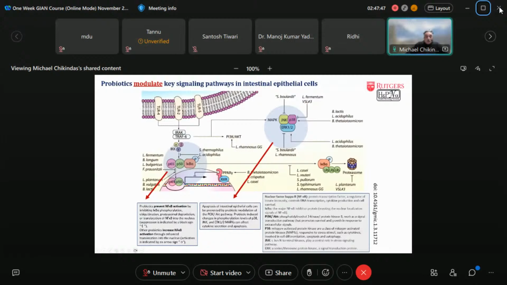So this is definitely shown. Other probiotics can increase the NF-kappa B activation. So you may say, okay, should they increase or should they decrease? What is it we want to achieve?